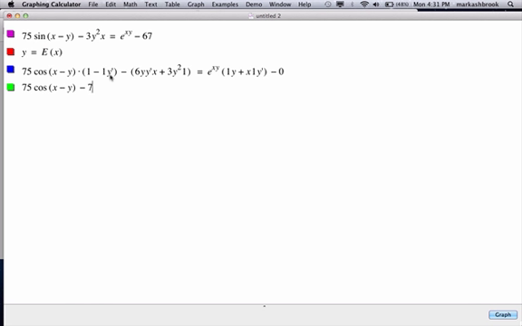So that's going to be 75 y prime cosine x minus y. Okay, so all I did there was distribute this term into the parentheses. That thing times 1, that thing times minus 1 y prime.